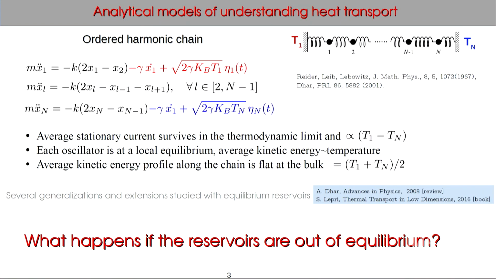Okay, so the first analytical work in this regard was done in 1967 by Rieder, Lieb, and Lebowitz, where they considered a very simple system, an ordered harmonic chain connected to two Langevin baths at the two ends.